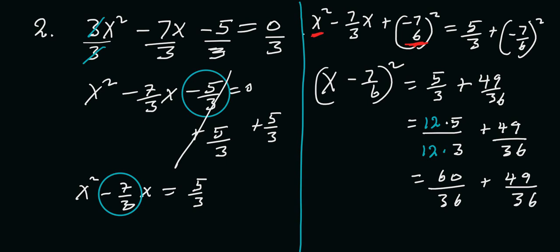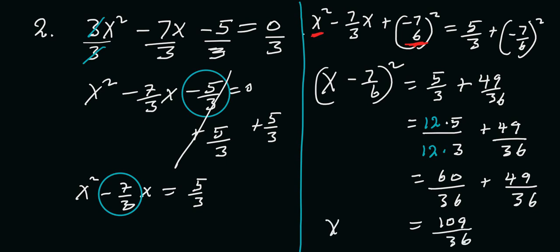So all we just have to do is to add up the numerator. And when we do, we're going to have 109 over 36.